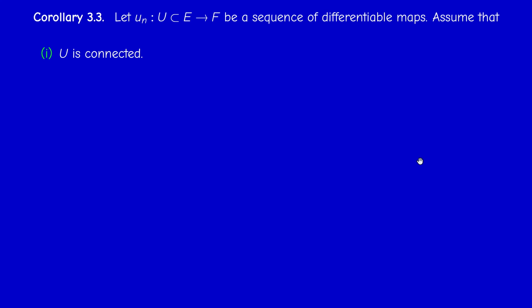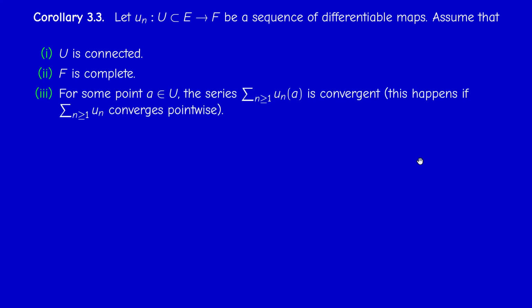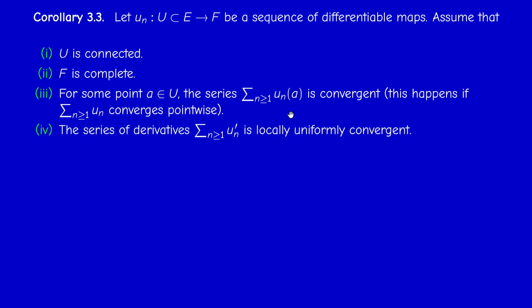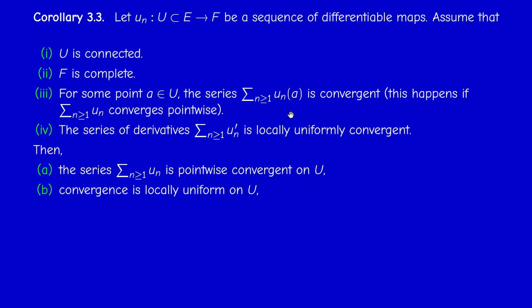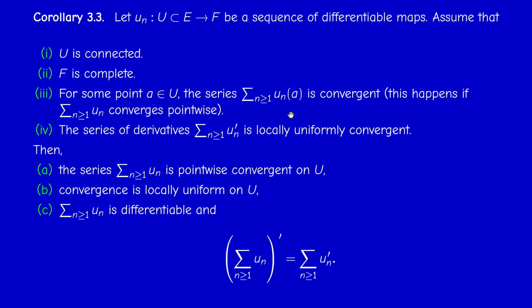We assume that U is connected, F is complete, the series converges at some point, and the series of derivatives is locally uniformly convergent. Then the conclusion is that the original series is pointwise convergent on U, and convergence is locally uniform. And the most important thing is that the original series is differentiable, and we can interchange summation and differentiation.